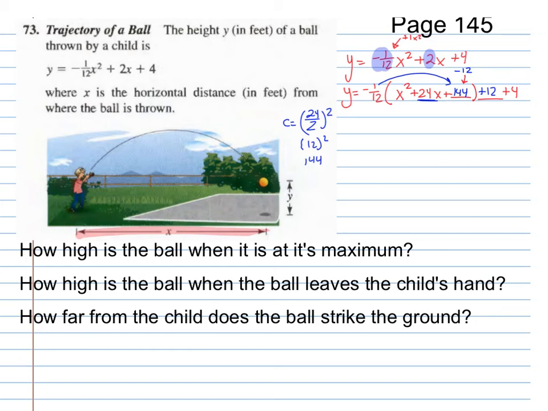And now you're going to write it as a perfect square binomial. So now we're going to have y is equal to negative 1/12 x plus, and I made a mistake. This should be a negative right here, based on factoring out a negative 1/12. Sorry, guys. And that means this is a negative 12 squared.